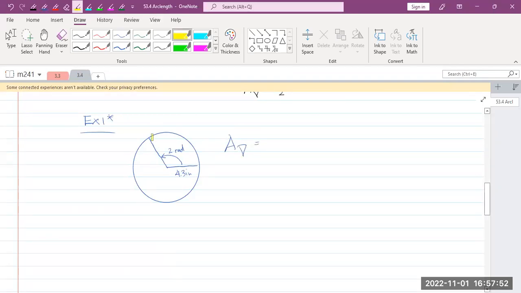How big is this yellow shaded region? The area is 1/2 times the central angle in radian, 2, times the radius squared, which is basically 4.3 squared, so 18.49 square inches.